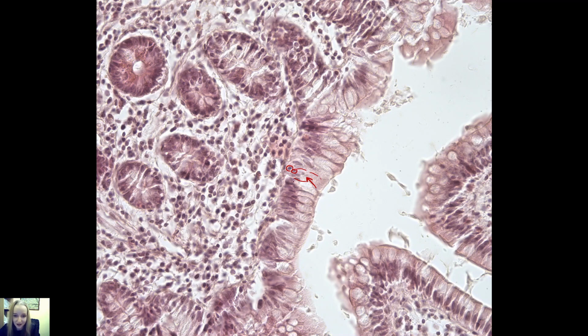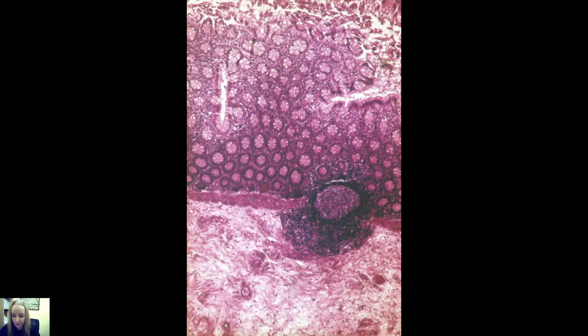So this is probably an M cell because it's providing interaction between antigens and the lymphocytes located in this mucosa. Sometimes, and that's pretty normal, we can see individual follicles in the mucosa. You can sometimes see it, it's pretty normal.